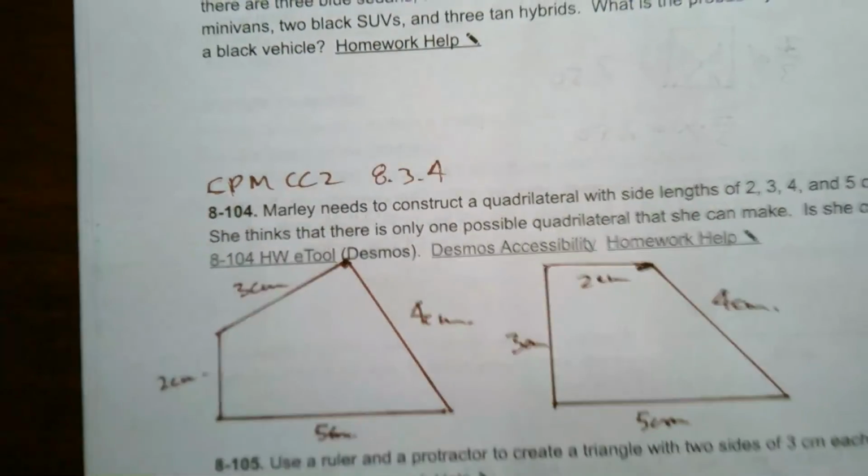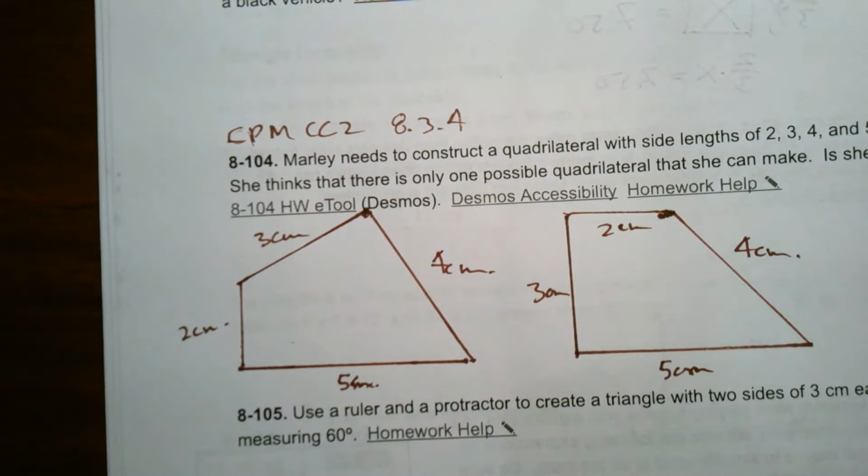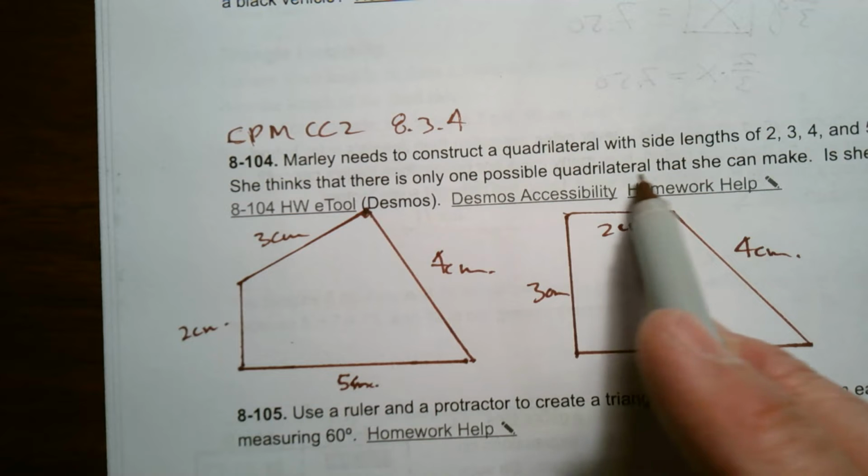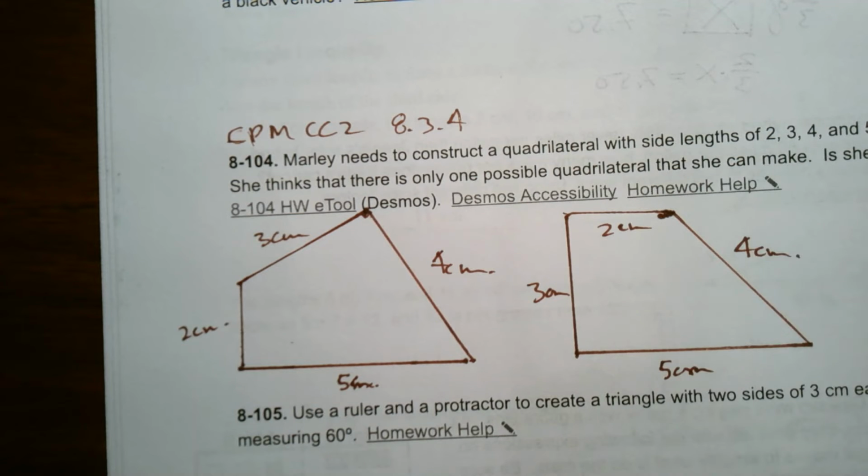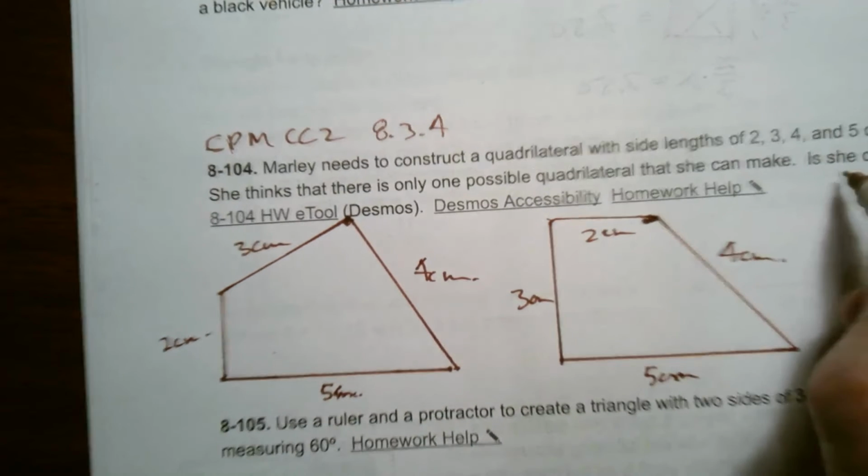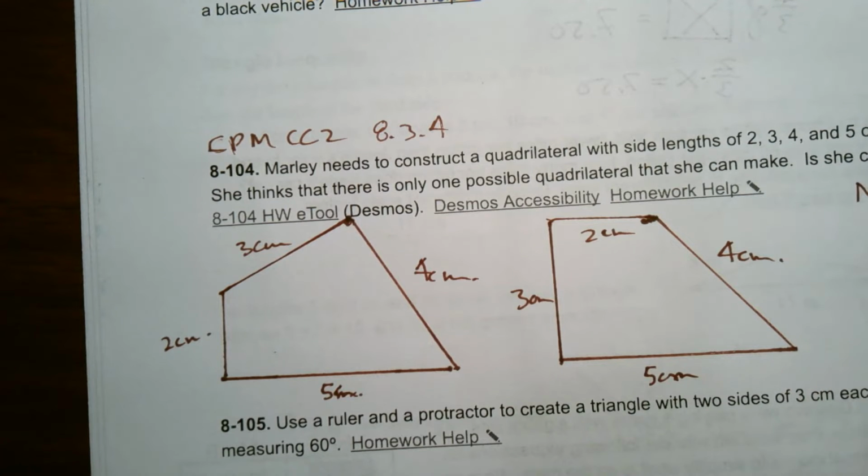So right there, I can see those are 2 different quadrilaterals. Is there only one possible quadrilateral she can make given these side lengths? No. So is she correct? No. Just by that example, I could say there is more than one.